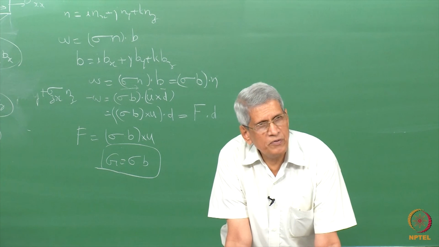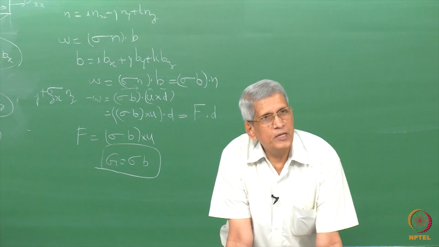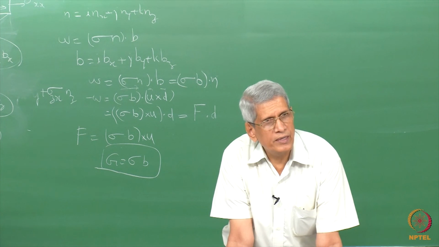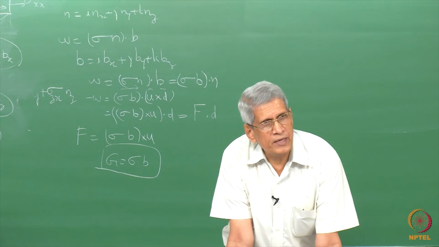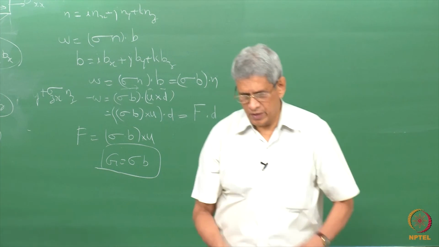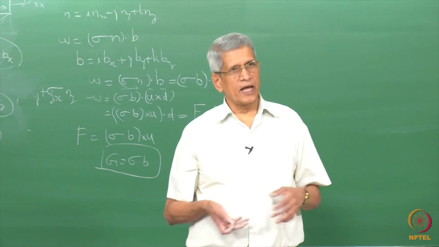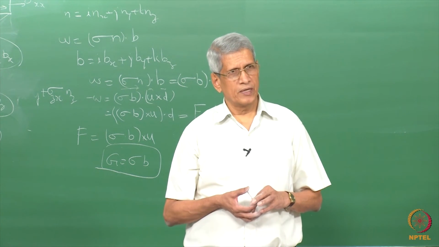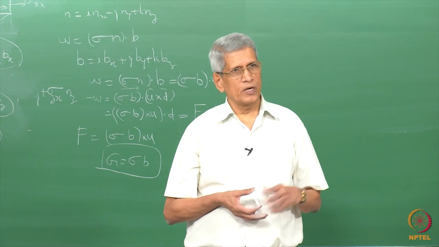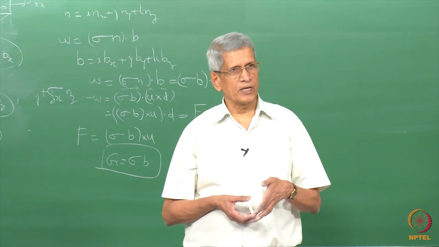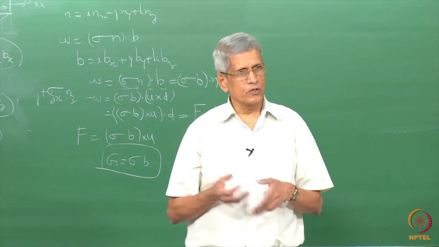The next case to be considered is when many dislocations are present: what types of forces are going to act between the dislocations, depending upon the directions in which they are present. These dislocations could be, for example, one an edge and one a screw dislocation, and their directions could be different.